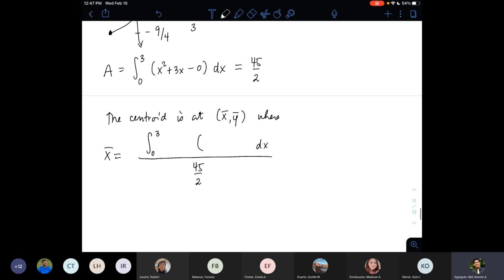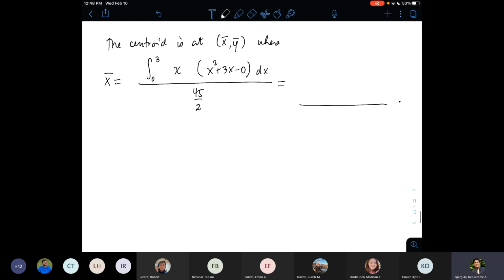Remember, it would be weighted by the length of the vertical strip. So the length of the vertical strip is negative x squared plus 3x minus 0. You can drop the minus 0 if you want to make it neater. And then remember, we are taking the sum of x's, so there would be an x over there, because I can plug in x there because I'm integrating with respect to x. And then I'll leave the integration to you guys. That would be easy because you only have here a polynomial. You need to integrate negative x cubed plus 3x squared from 0 to 3.